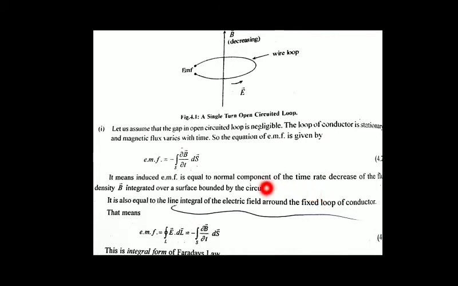That means the electromotive force we can also calculate as the line integration of electric field E dot dl, or it is also equal to minus the surface integration of del B by del t. Okay, so this is the integral form of Faraday's law.